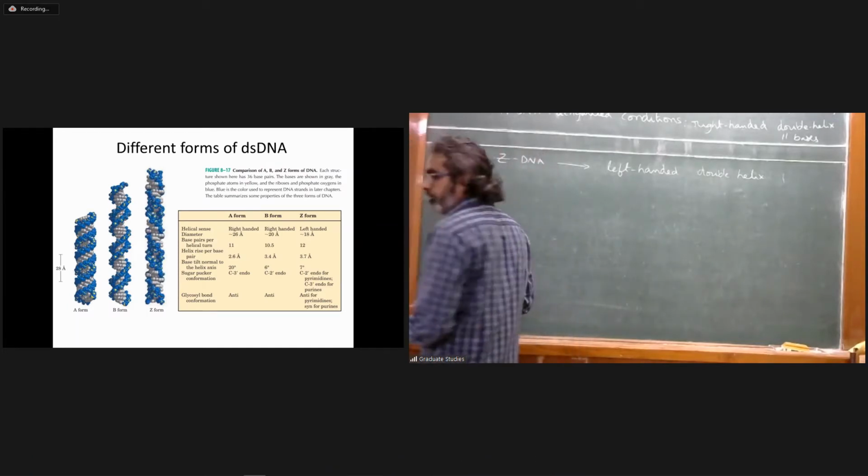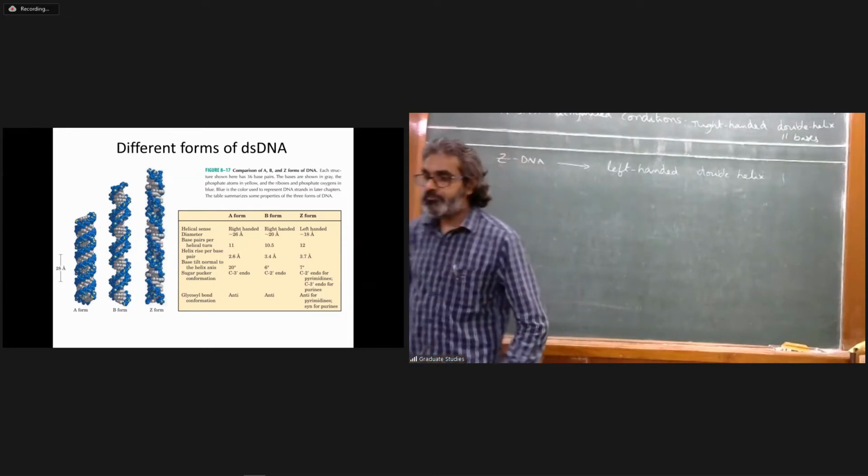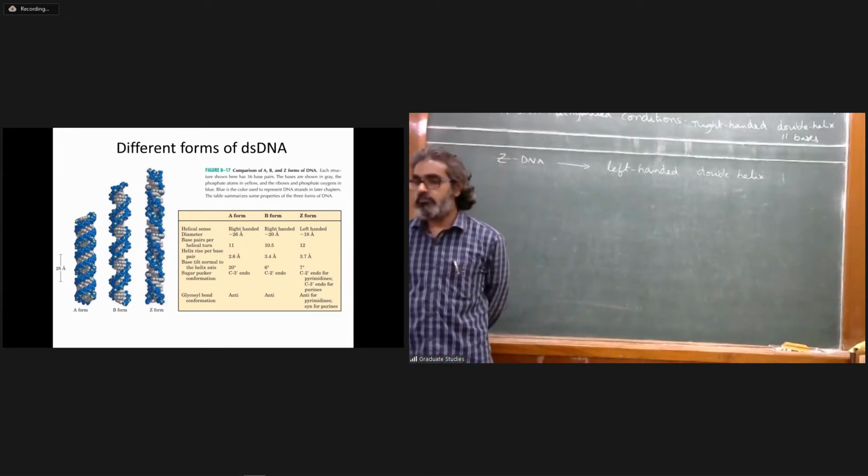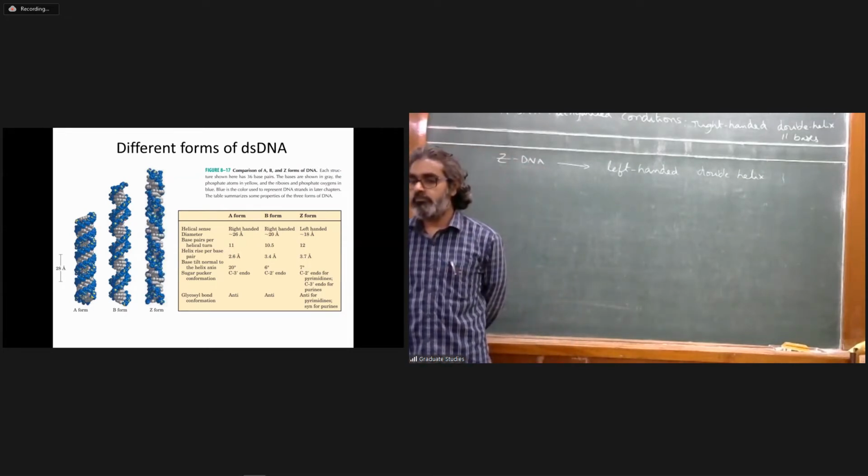First question: with the differences of the conformations, does thermal stability decrease or increase? Is there any effect on thermal stability? B is the most thermodynamically stable. A and Z are less. And why is Z less stable? What's the chemical reason behind that?